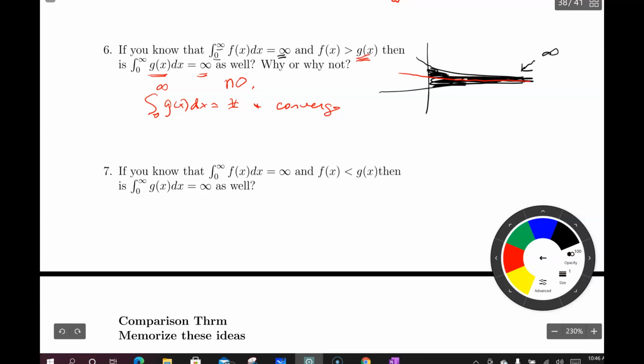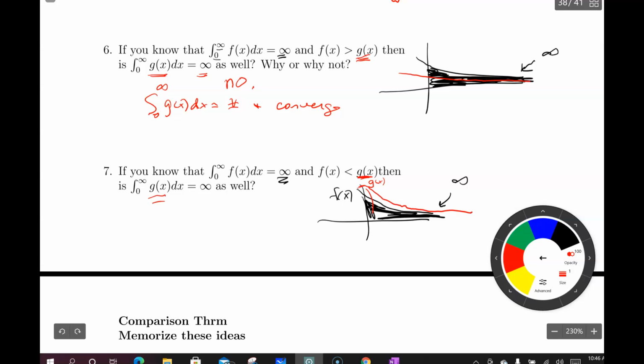Curious. All right, so let's do this again. 0 to infinity. Now I know this f of x adds up to infinity. This one adds up to infinity. This time my g of x is bigger than f of x. So g of x is up here, comes down like this.